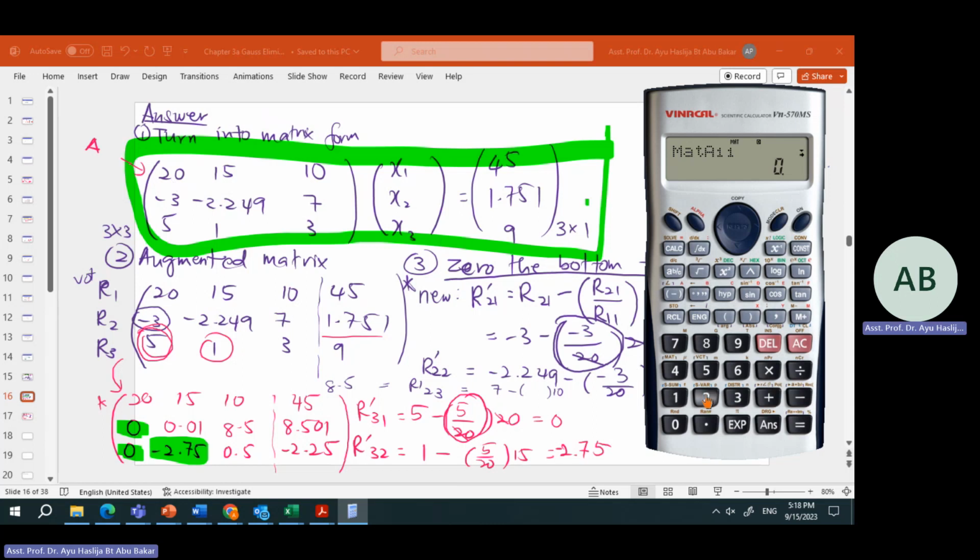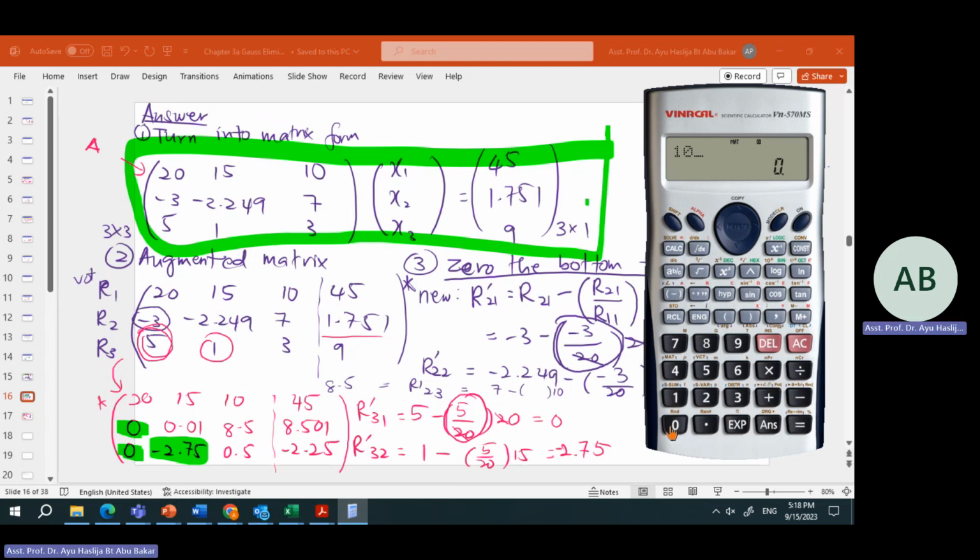So input 20, equal. Then it asks for A12. Which one is A12? 15. Don't get it wrong to put -3. Row 1, column 2 is 15.